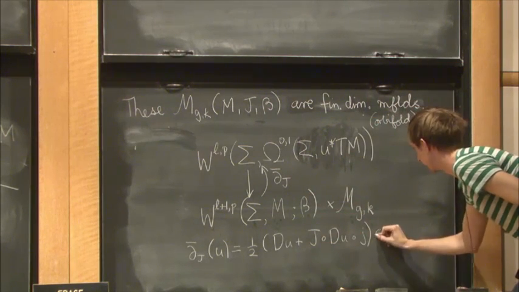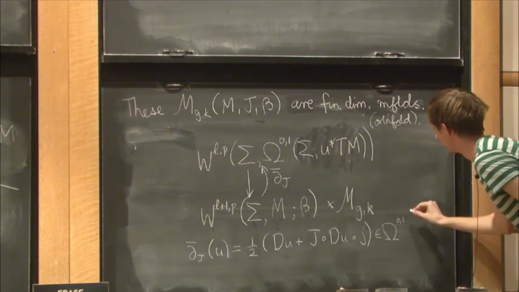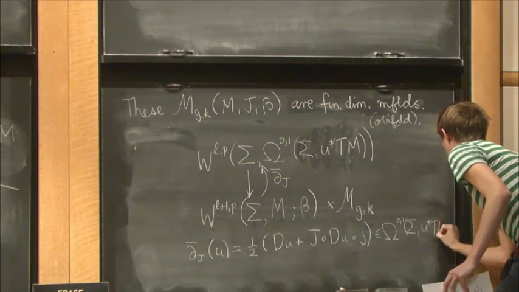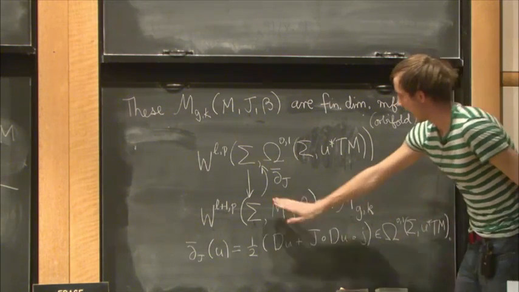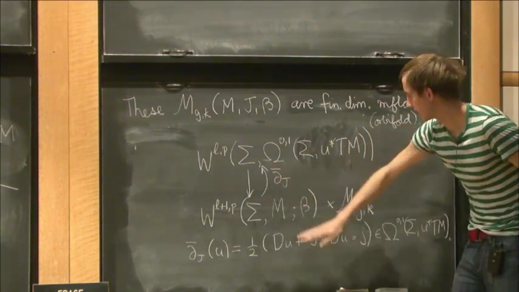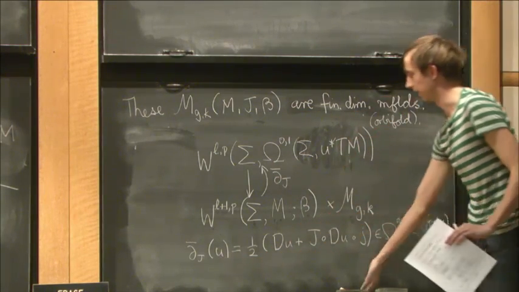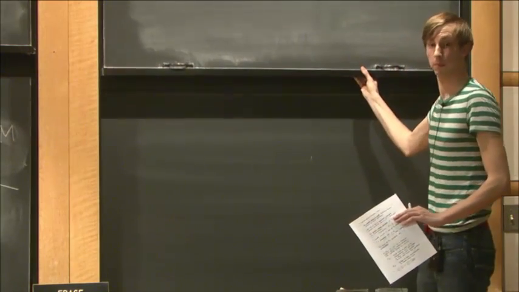So you can check this lies in this bundle up here. And when this section vanishes is exactly when this map is J-holomorphic in the sense I defined up there.